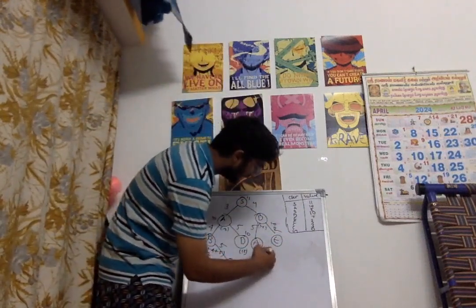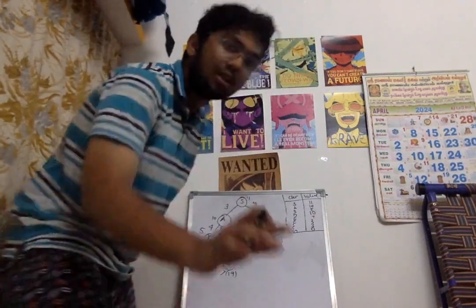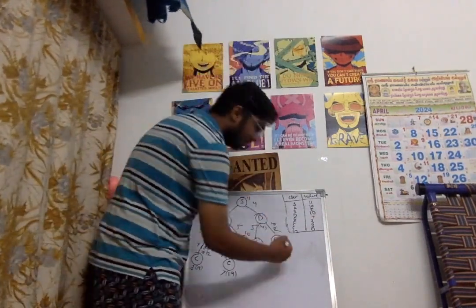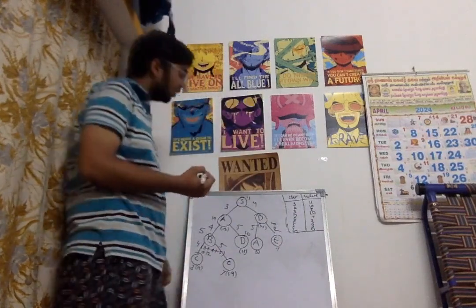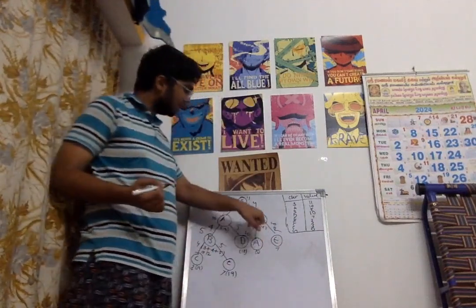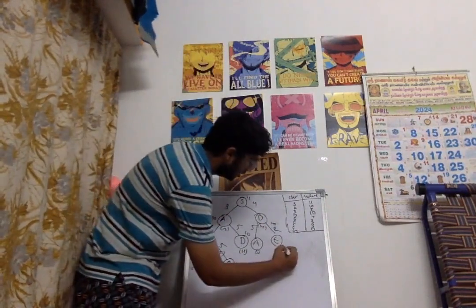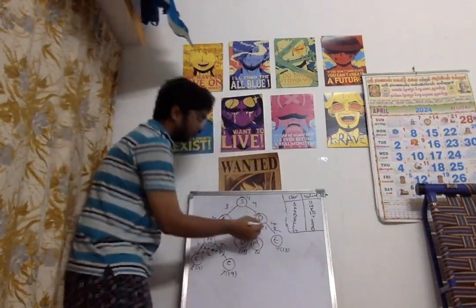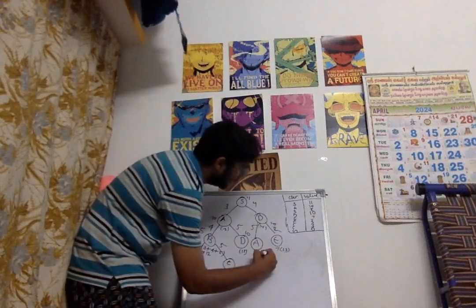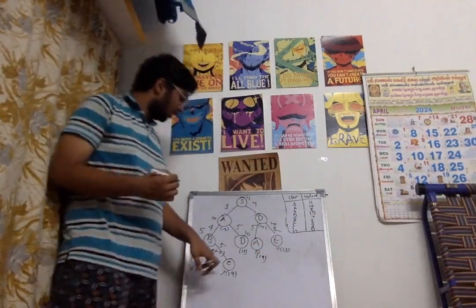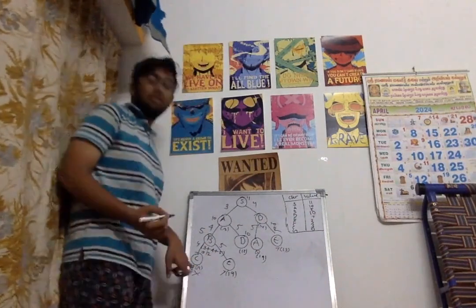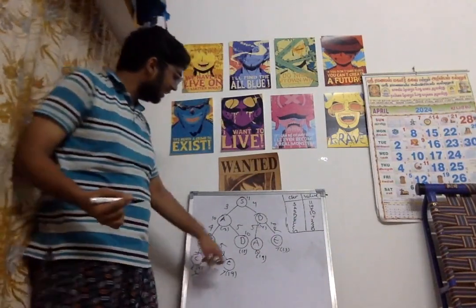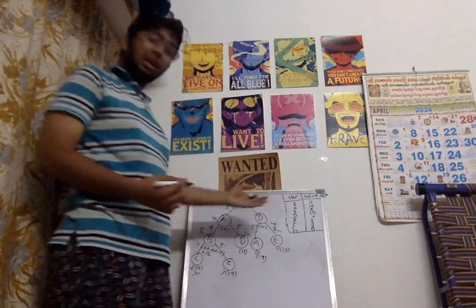So for A that is 10 and for E it is 7. So 7 plus 6 is 13, and 4 plus 5 is 9, 9 plus 10, 19. Now we can put a cross mark because we are not going to use this node again. So 19, 18, 19, 13. So 13 is the smallest one.